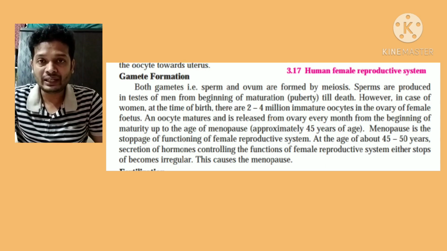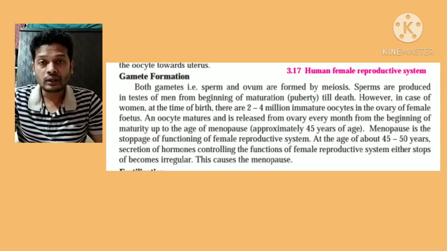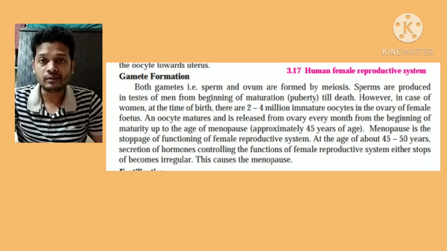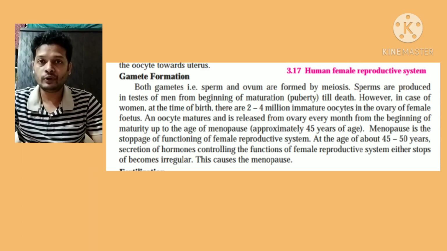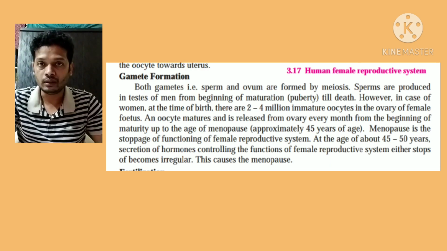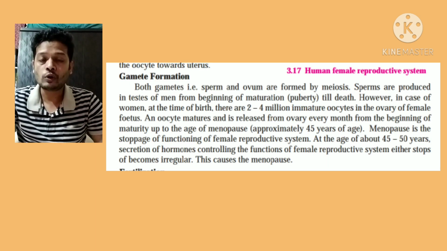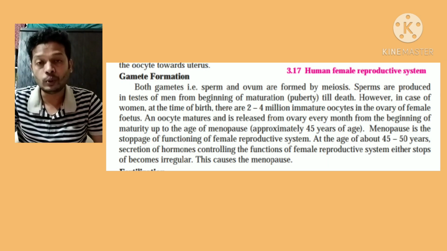Now one of the interesting things about gamete formation in females is that it is slightly different from that of males. Males start producing gametes, that means sperm, after they reach puberty. However, in the case of females, the female gamete, that is the ovum, is already present from birth, or rather before birth also they are present in the female child, but they remain dormant till the time of puberty.